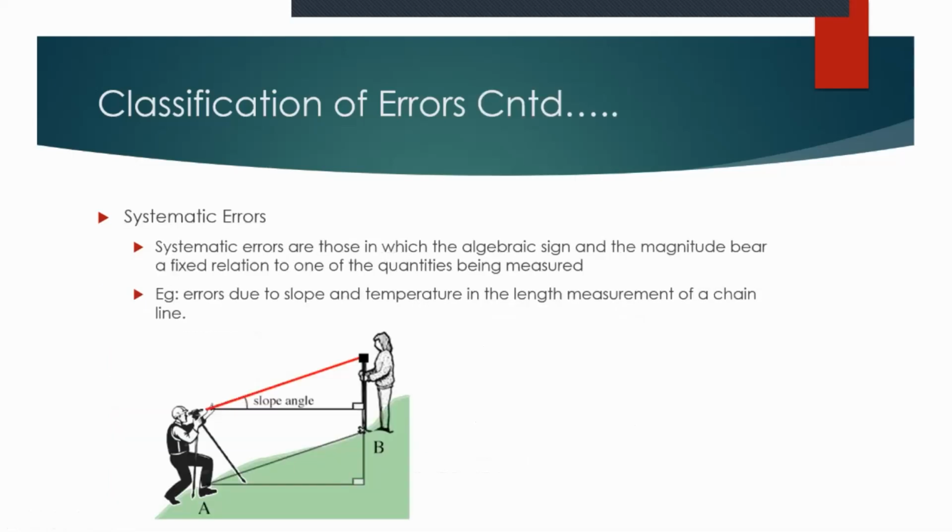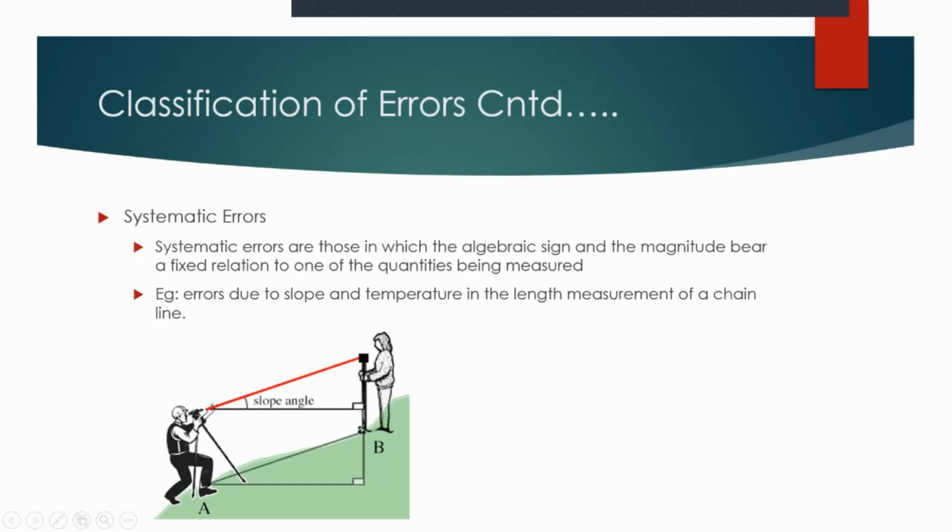Now, when it comes to systematic errors, there is a system that persists in these sort of errors. Now let's say you want to measure the distance on an angular ground. Now, if you measure this distance, this is wrong.